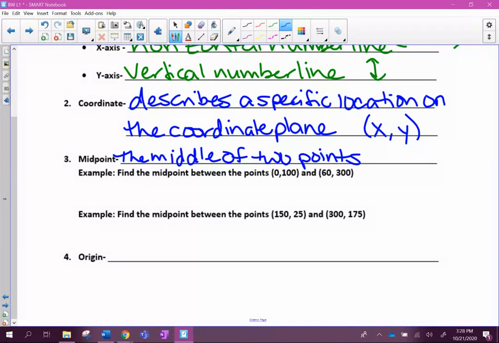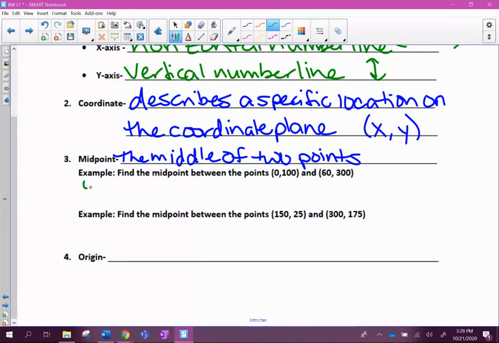So if I want to find the midpoint, what we do is we take the average of the x values and the average of the y values. So if I find average, that just means I add up all the quantities and divide by the number of quantities that we have. So here, if I'm finding the midpoint between the points 0, 100 and 60, 300, I'm going to find the average of the x values.